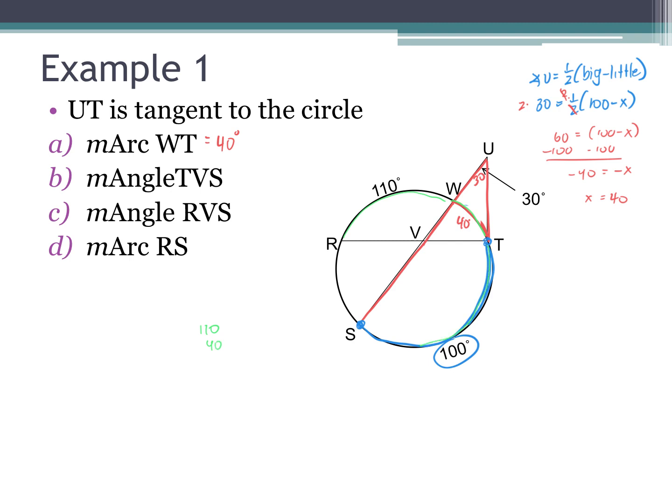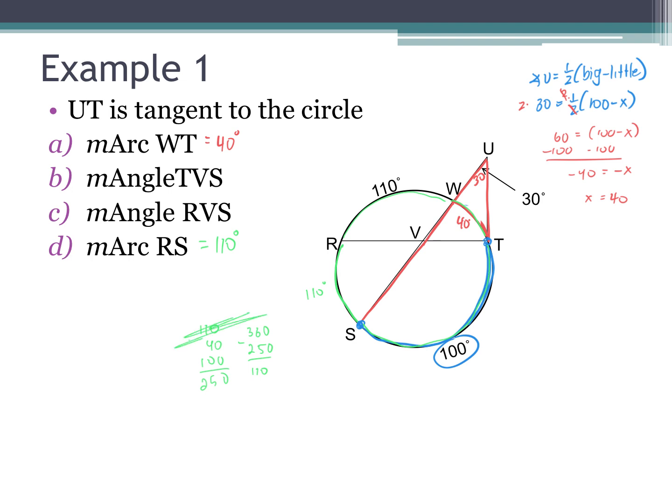Then I have another 100 degrees. So far I have 250. I know all of the arcs have to add up to 360. So when I subtract, I know this missing arc is equal to 110 degrees. So arc RS here is 110 degrees. So now I have all my arc pieces.